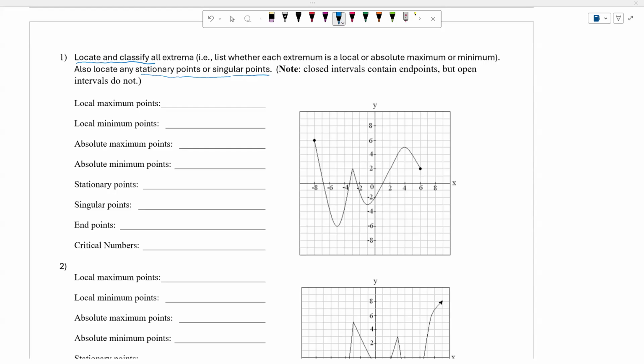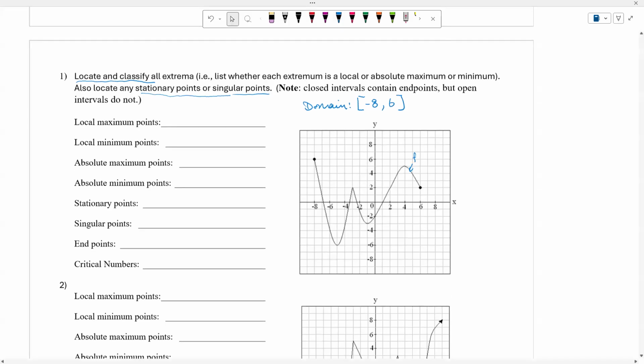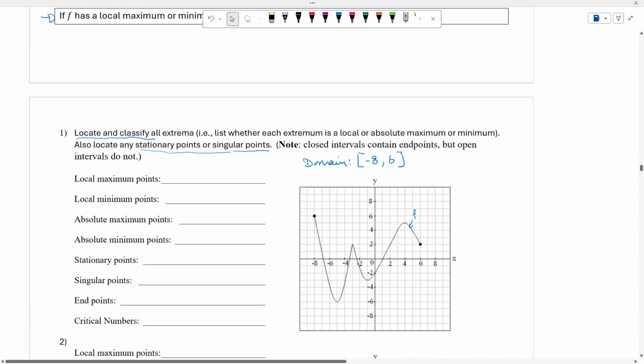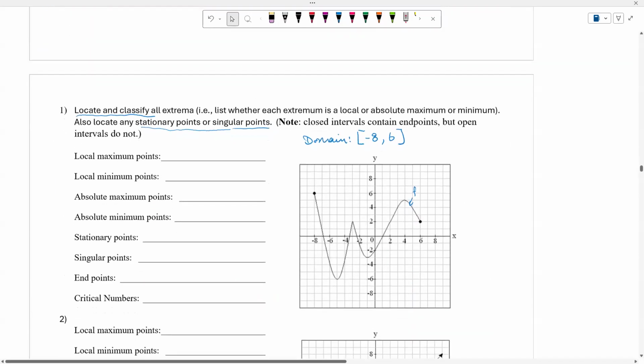Now let us look at our first example, this function f right here. What is the domain? We see that for this function, the domain is between -8 and 6. It is a continuous function within this interval. Based on the extreme value theorem, I will be able to find the absolute maximum and minimum for this function.